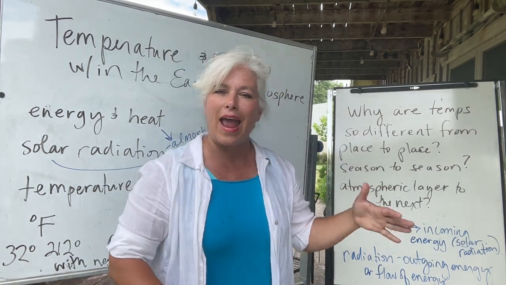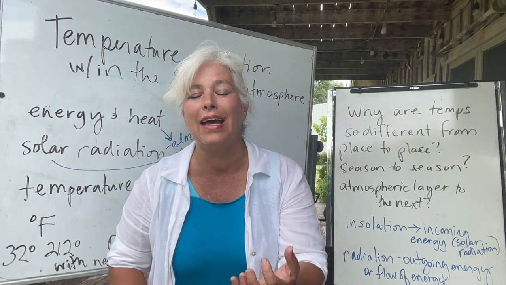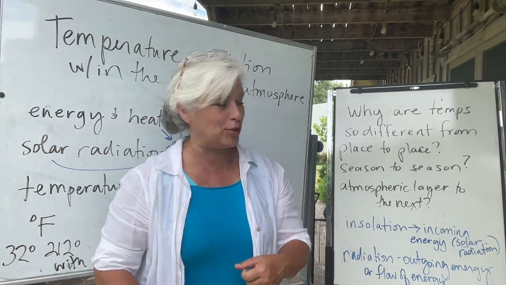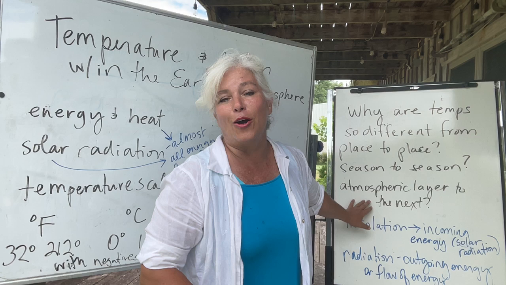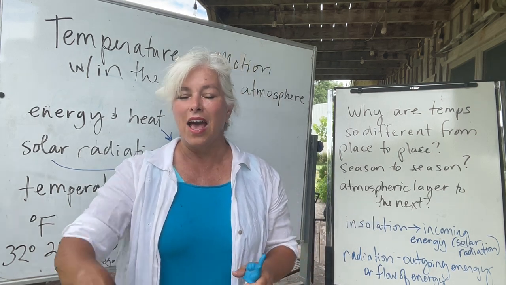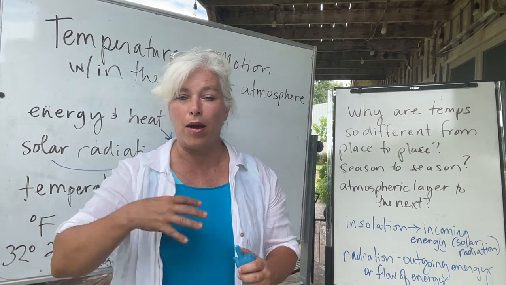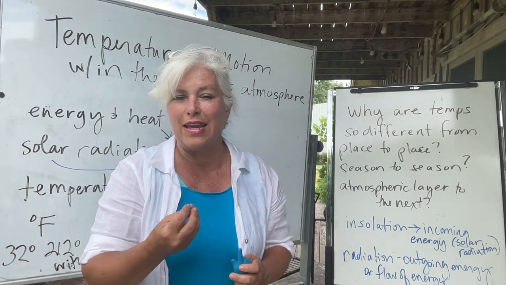And so the answers to these questions of why this happens, we're going to get some of those answers from this chapter. And also, we have discussed in previous lessons that here at the surface of the earth, we usually have a higher heat, a heat that we can feel.